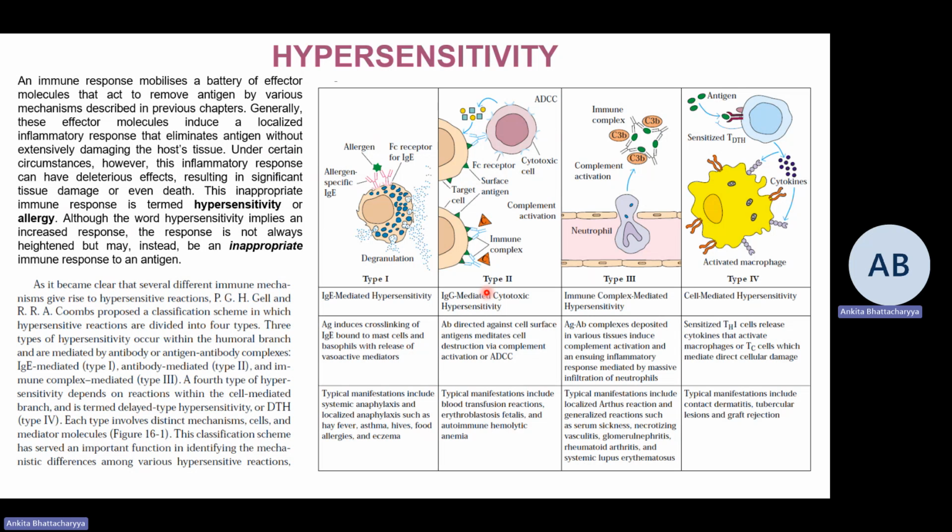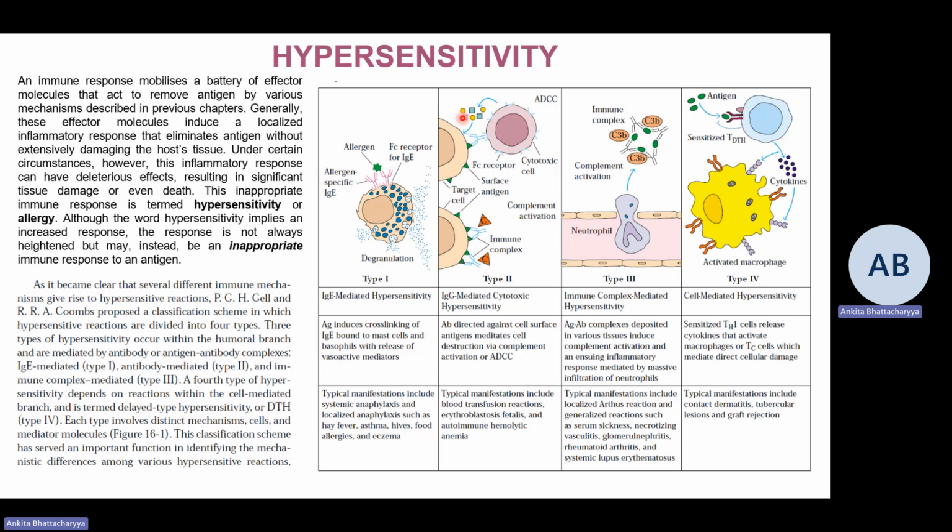But basically, if you just go over the overall idea, what you're seeing here is that you have antibodies which are directed against certain cell surface antigens. What it is doing is destroying those cells. So this is complement activation. This is ADCC. So you have this particular cytotoxic cell with its Fc receptors, and this is the target cell surface antigen, which is getting recognized by the cytotoxic cell's receptor, which is an antibody in this case.